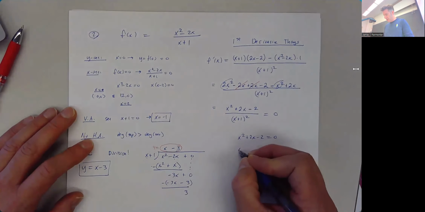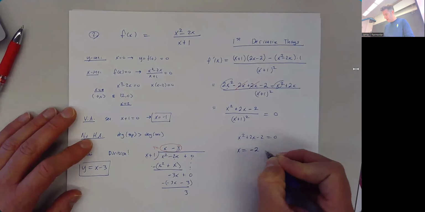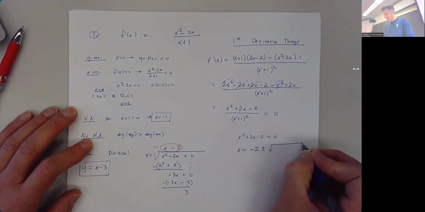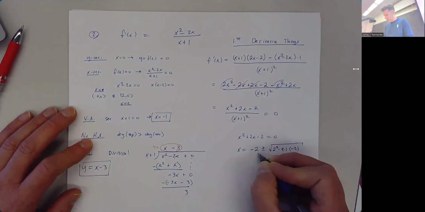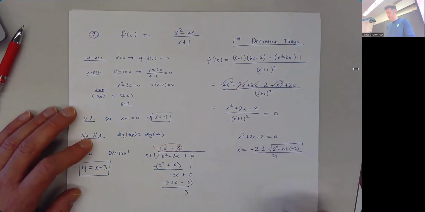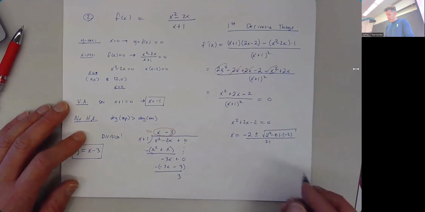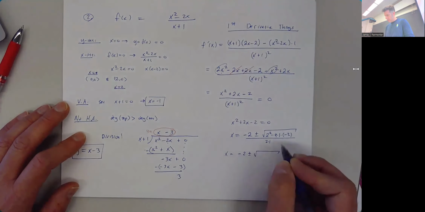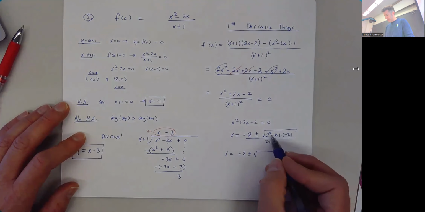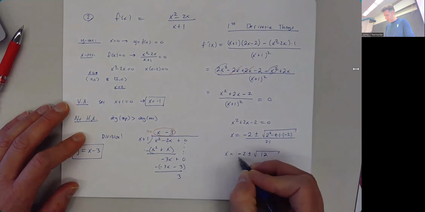So we're going to get x equal to negative b plus or minus the square root of b squared minus 4 times a times c, all over 2 times a. So here are our critical points. Negative 2 plus or minus the square root of 4 plus 8, which is 12, all over 2.